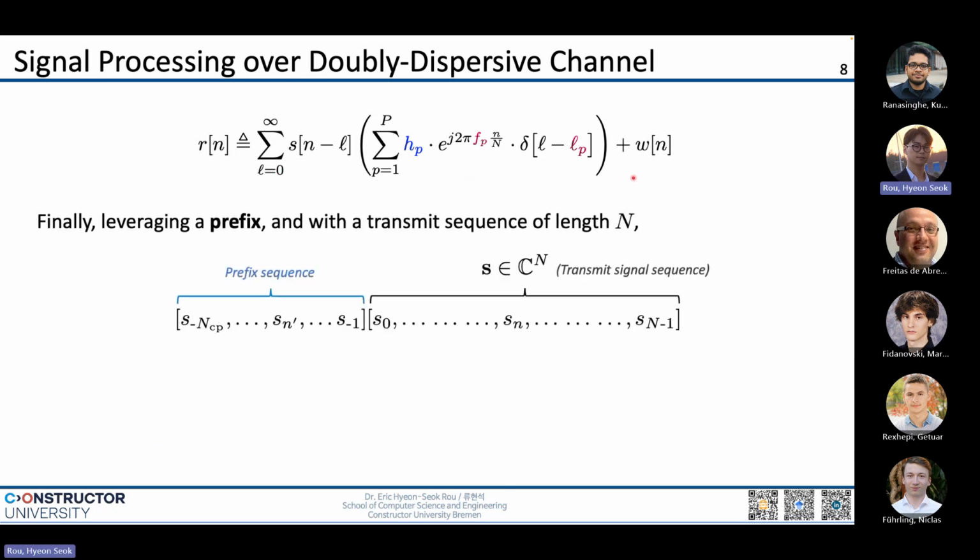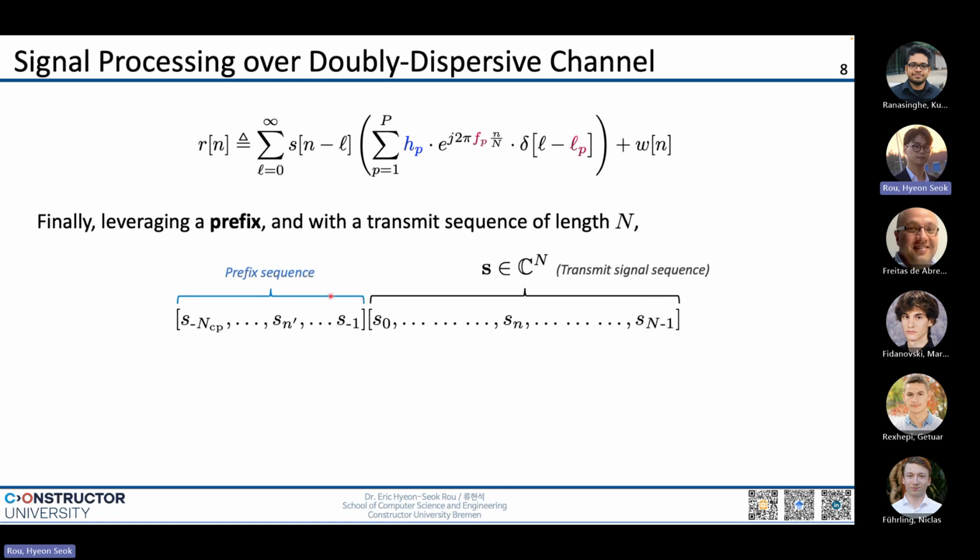When we perform communications, or transmit a signal over this convolutional channel, we assume that we have a prefix attached to this transmit signal. So if our transmit signal sequence is of length N, we have s in C^N. We have s0, which is the first element of the sequence, and s_{N-1}, which is the last sample.